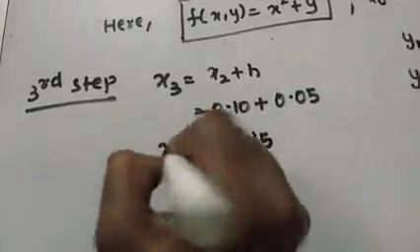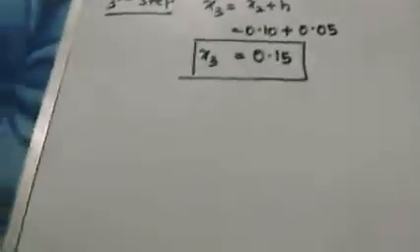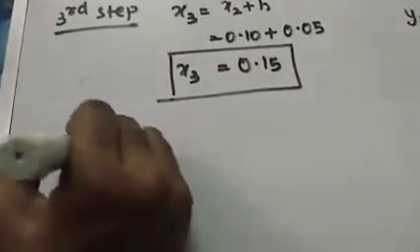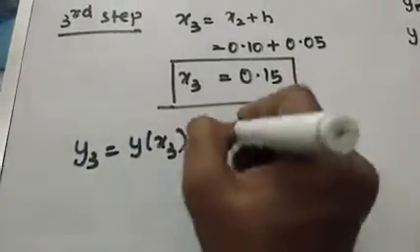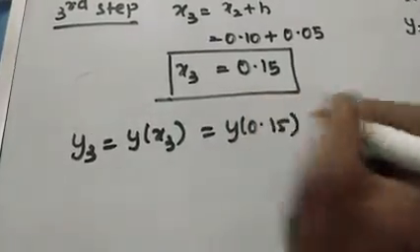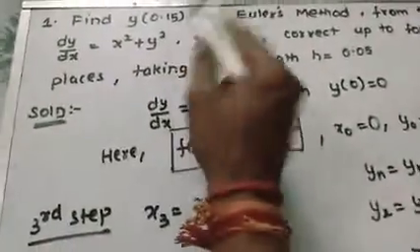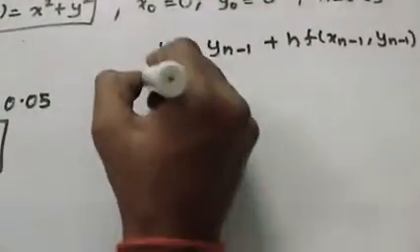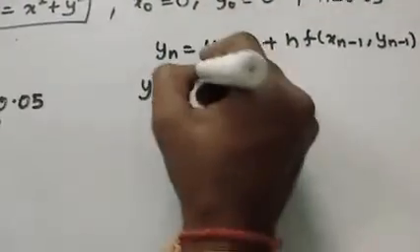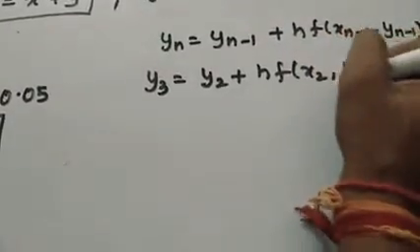So using this x3, we have to find y3. y3 means y of x3, and what is x3? 0.15. So we have to find y of 0.15, and that is the question's demand. So finally we have to find y3, that means putting n equals 3. So putting n equals 3, we get y3 equals y2 plus h into f of x2 comma y2.